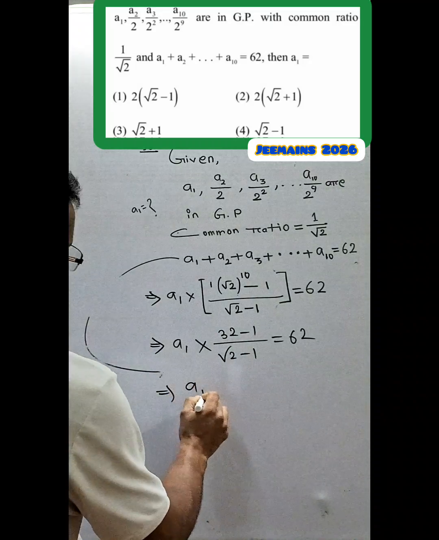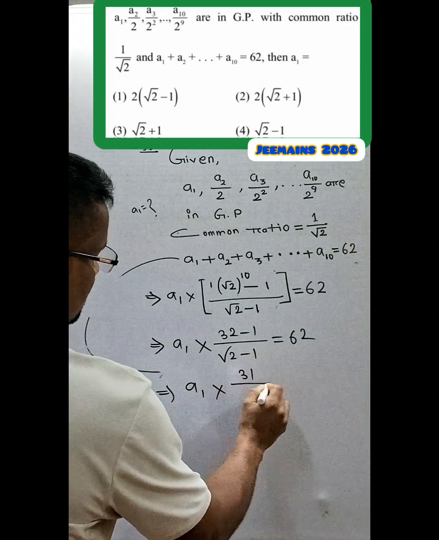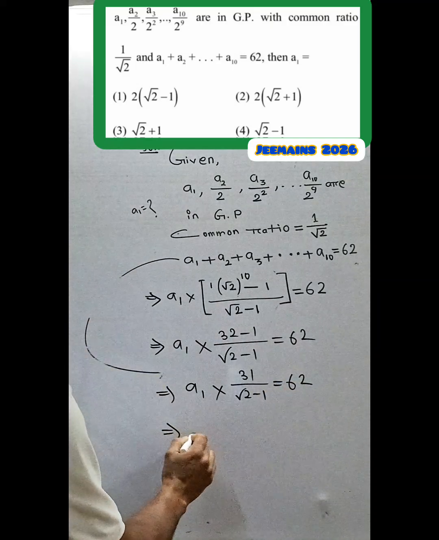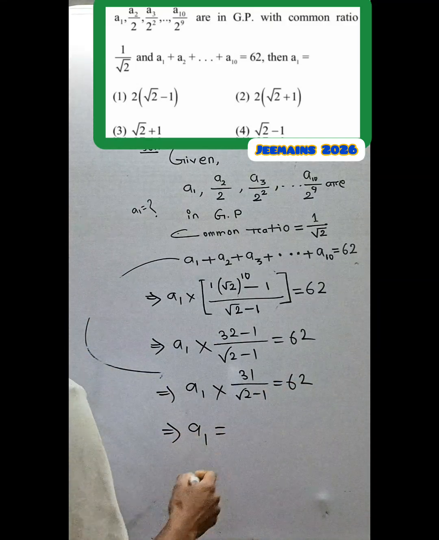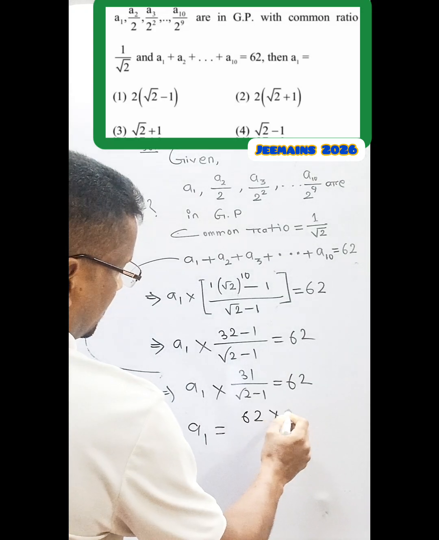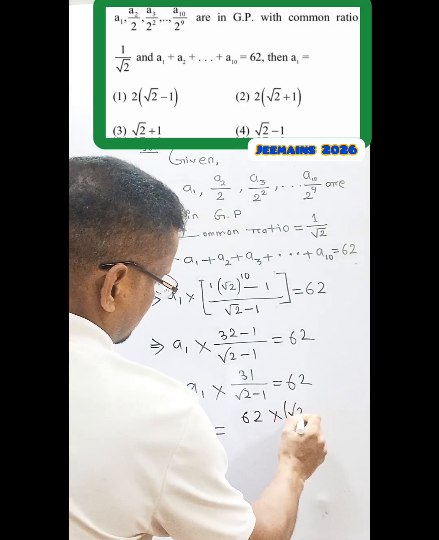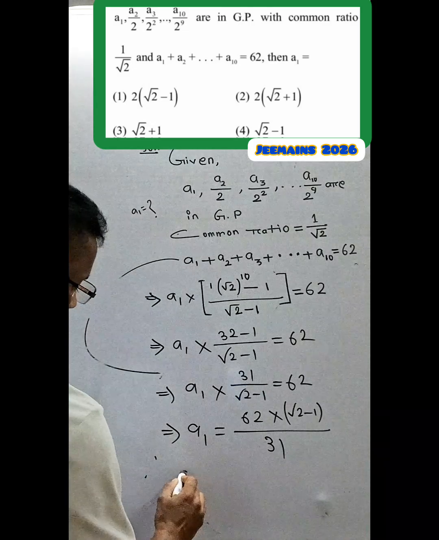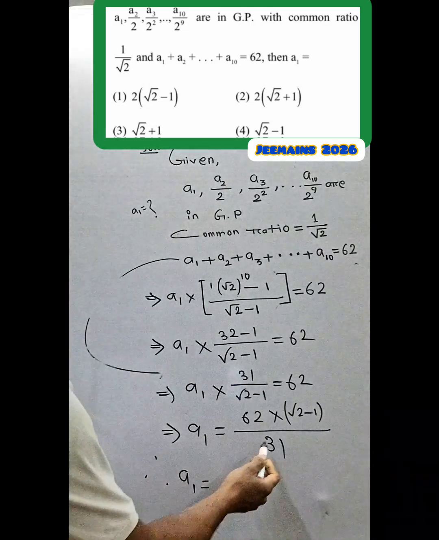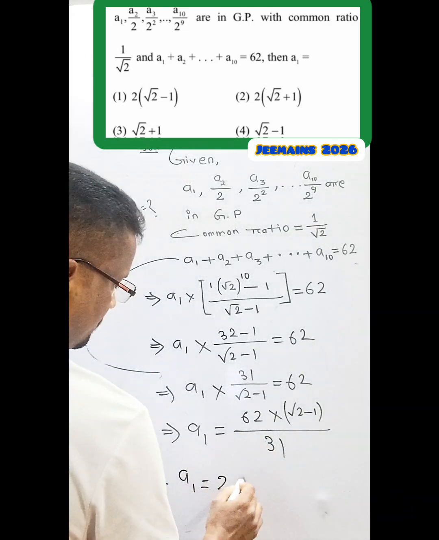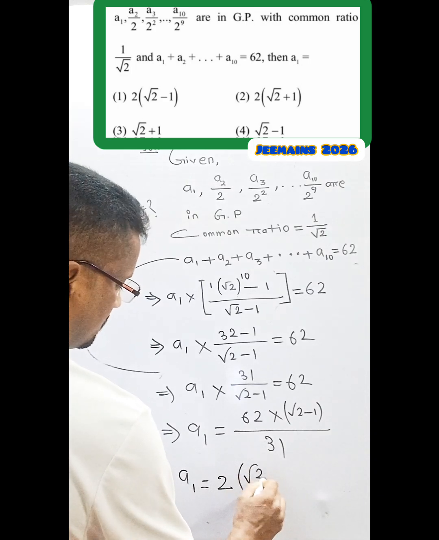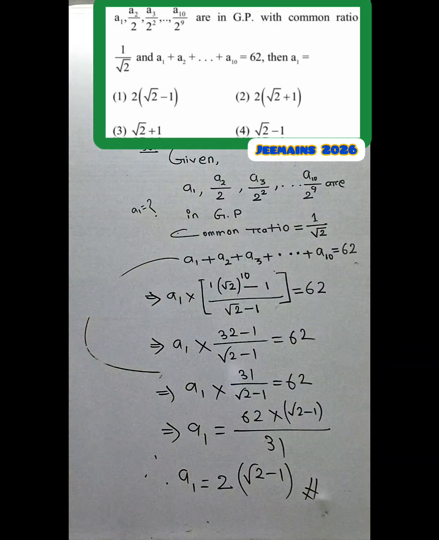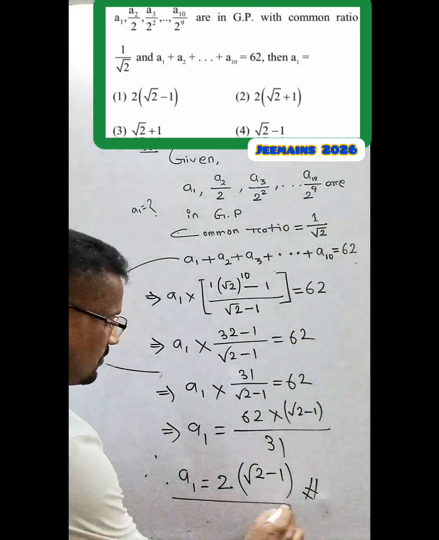This implies A1 into 31 by root 2 minus 1 equals 62, and from here you can find the value of A1 as 62 into root 2 minus 1 divided by 31. Therefore A1 is equal to 2 times root 2 minus 1, after cancelling. This is your correct option. You can see the options given in the question. So this is the value of A1.